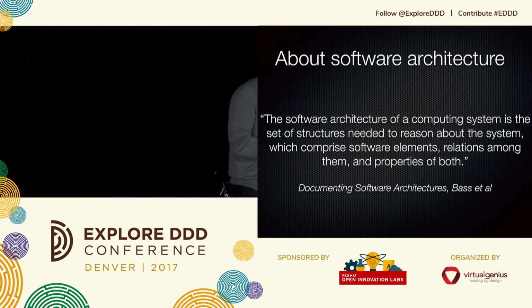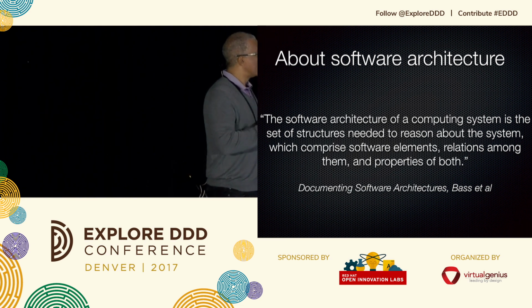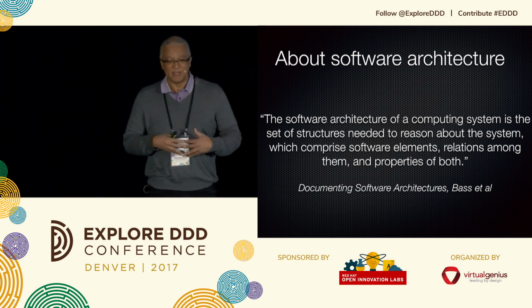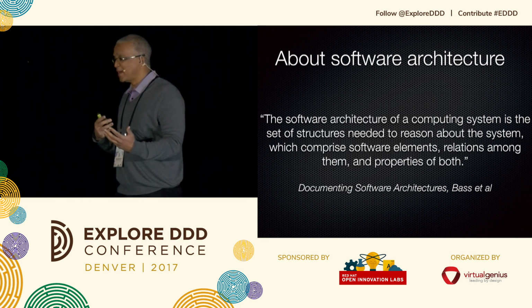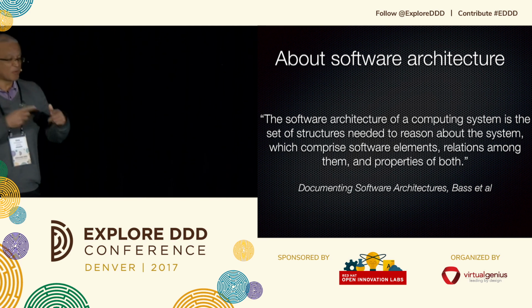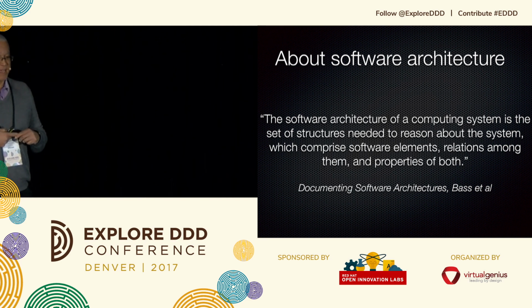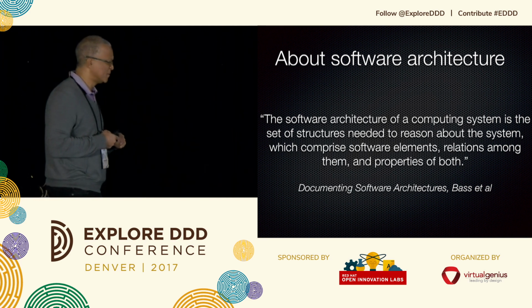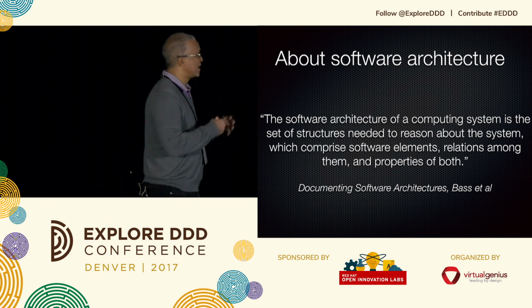The goal is to enable you to make decisions about your software system. It's basically a set of software elements, the relationships between them, and the properties of those elements and relations. That's a lot of words, and kind of abstract.